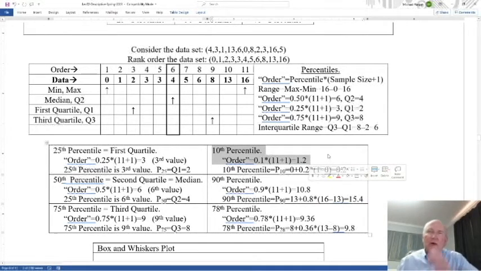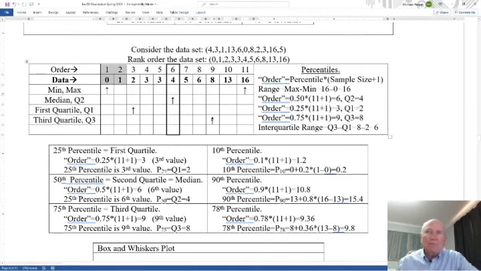Oh, now I want the 1.2th order, if that's a word. Well, 1.2 is between 1 and 2. It's 20% of the way between 0 and 1. So I'm going to have 0, which is the first order, and 20% of the way between 0 and 1, or 1 minus 0 is the interval. That's going to be just 0.2.